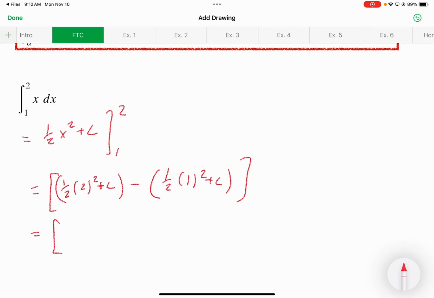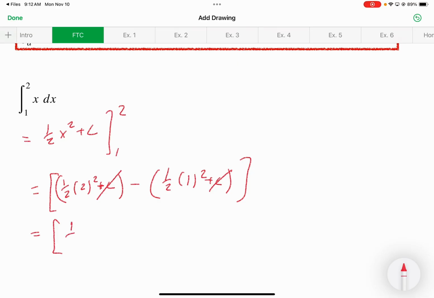First of all, what happens to my C's? They cancel, and think about it, they would always cancel, right? Because when you evaluate it with your limits, your first one would be positive, and then you're subtracting off your lower limit always, and it's always positive inside that parentheses, so your C's will always cancel out. So because of that, I will never write the C when I'm using a definite integral, okay?